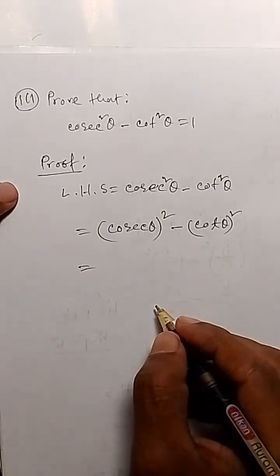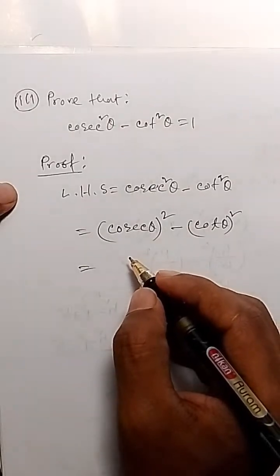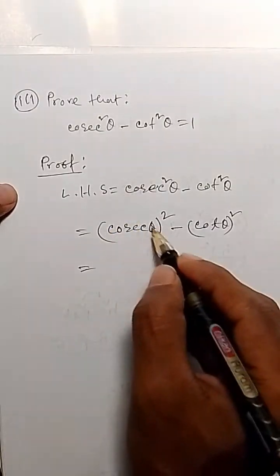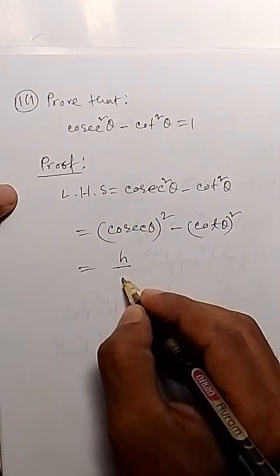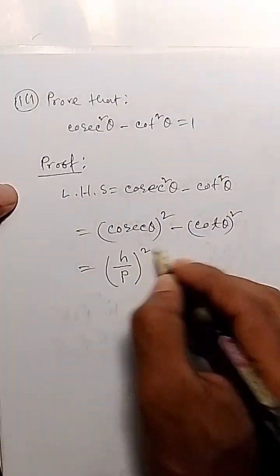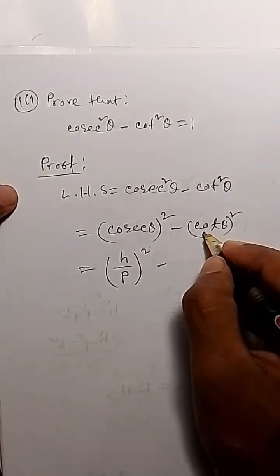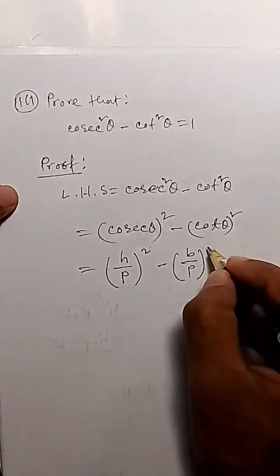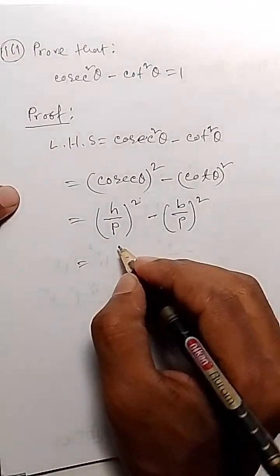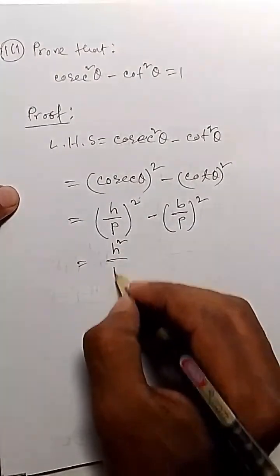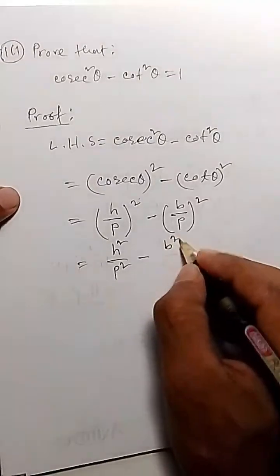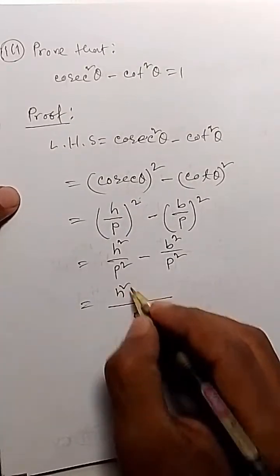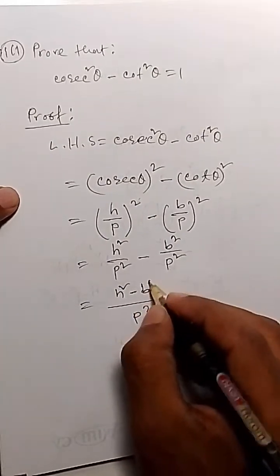Okay, and now you can say that cosec theta is nothing but hypotenuse by perpendicular, and then this whole square, minus cot theta, which is base by perpendicular, then whole square. And now you can do this. So it's just squaring here, so p square in the denominator, and in the numerator h square minus b square.